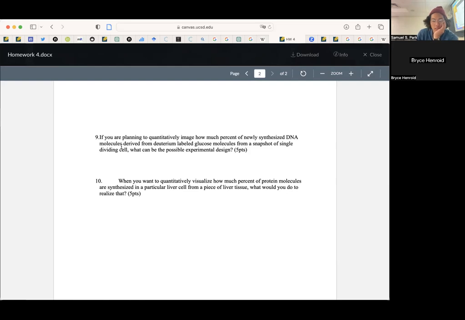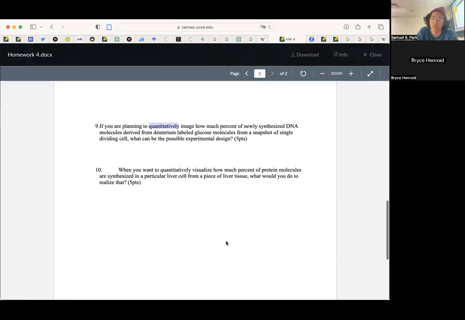Yeah. So how much deuterium labeled glucose is needed to quantitatively capture newly synthesized DNA, and what would be an experimental design? It says engine protein synthesis with deuterated amino acids.